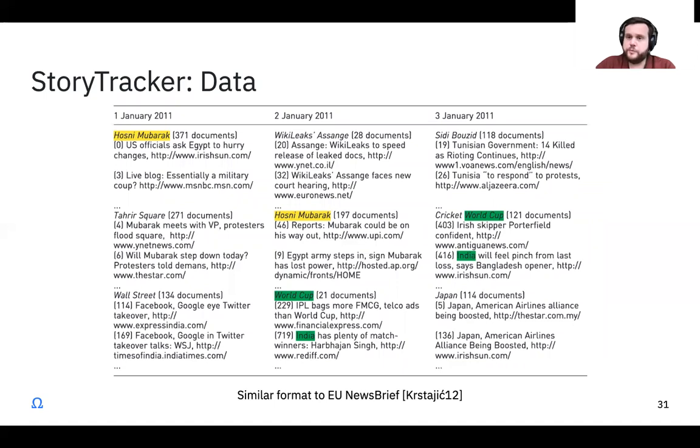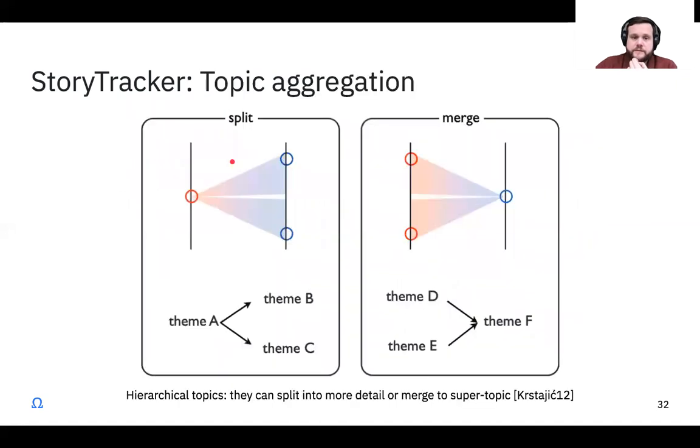Their data is very similar to the EU news brief that we discussed in the beginning of the lecture, right? So we have news articles flowing in from multiple agencies at the same time. So there's a rather large volume of data coming in every day, and we want to detect what kind of important stories there are for certain topics. So we are going to want to track the stories. That's directly in the name of the system, right?